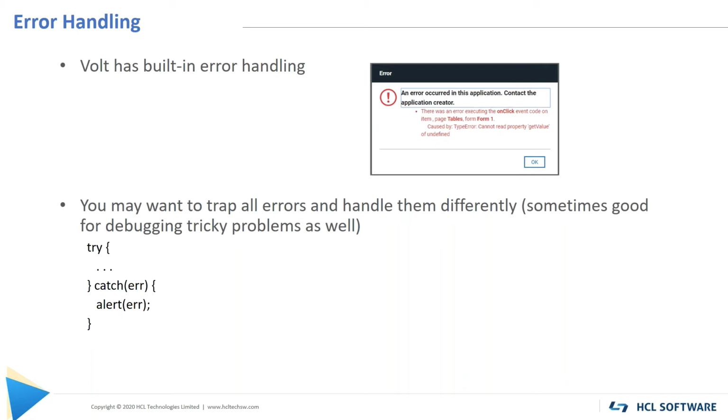It really is not meaningful for them, and it means that you as the designer did something wrong, or you didn't account for a situation that a user got themselves into. And so if you want to trap errors like this, we can do that using a try-catch block. I wouldn't necessarily do an alert like that. This is just for demonstration.